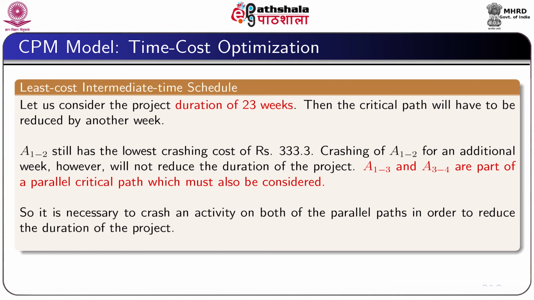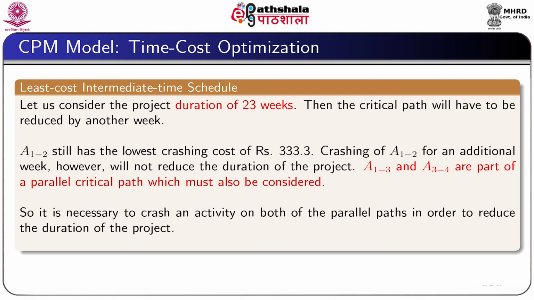Let us now consider the project duration of 23 weeks. That means we want to reduce the duration of the project by 1 week. Since activity 1 2 is giving the lowest crashing cost of rupees 333.3, we will reduce the activity time of activity 1 2 by an additional week.